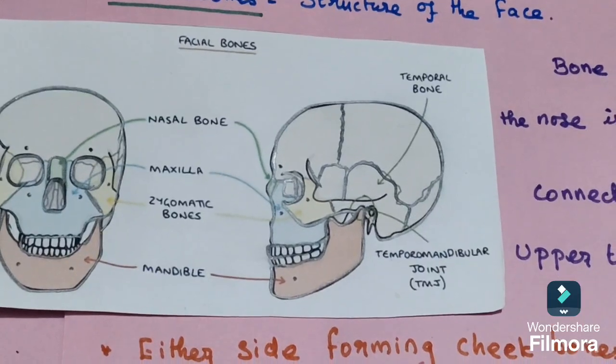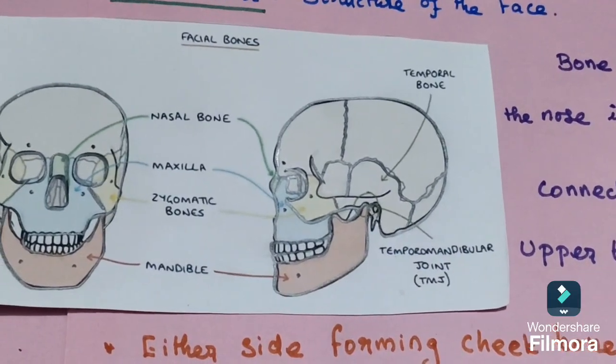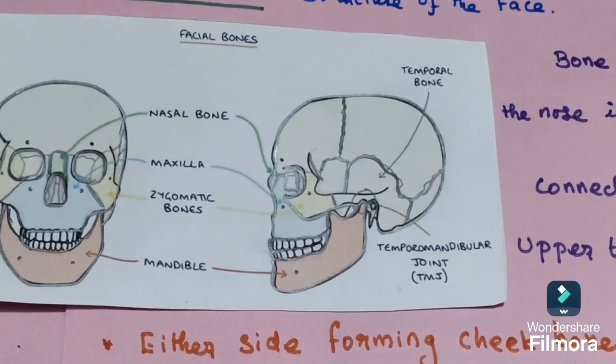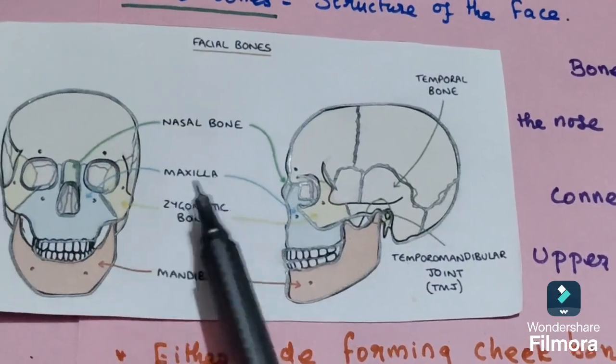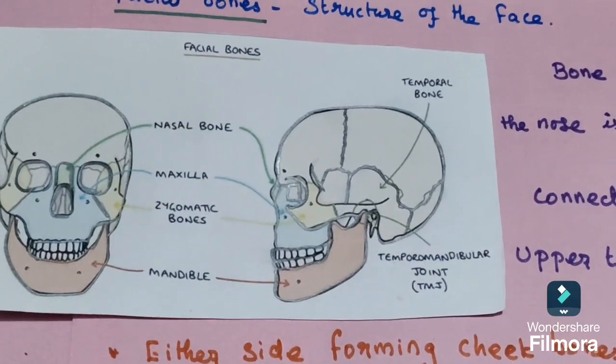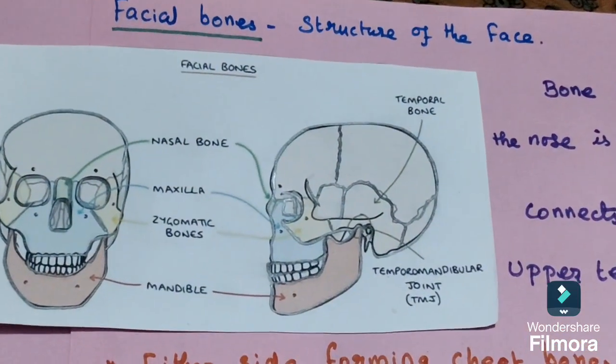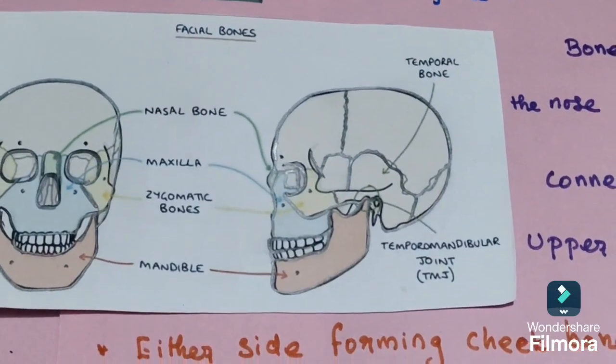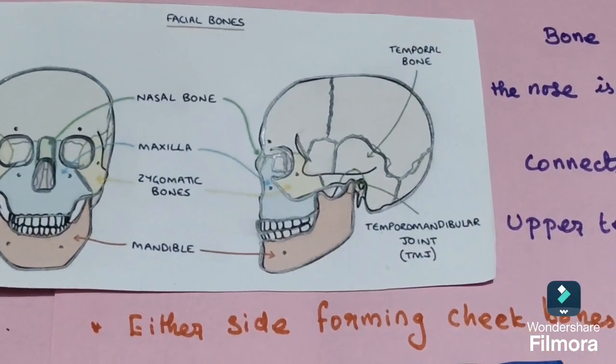Either side forming the cheekbone are known as the zygomatic bones.